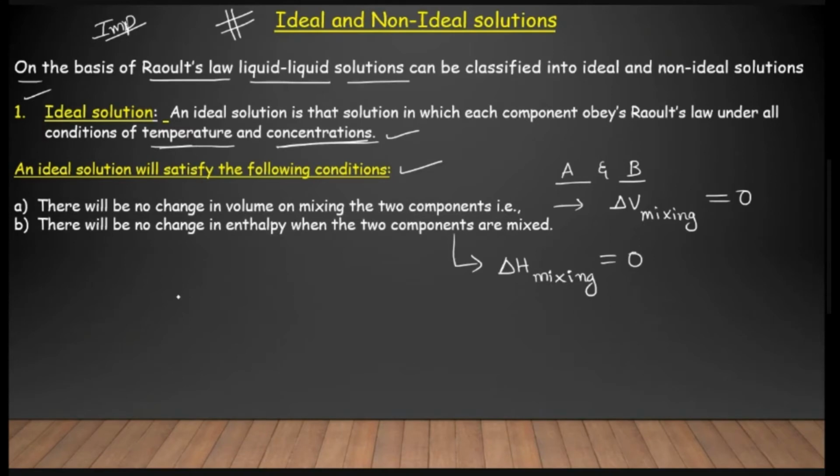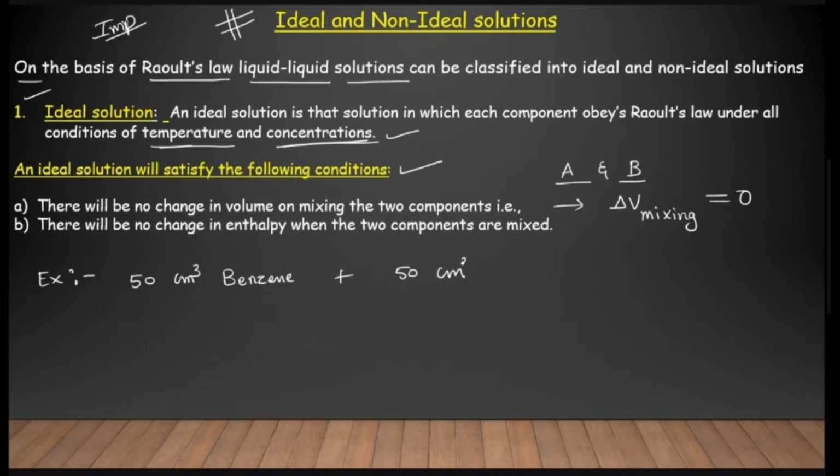Okay, this is the first thing. Let's take a real example and try to understand. Say for example, you have 50 cm cube of benzene, and also you have 50 cm cube of toluene.